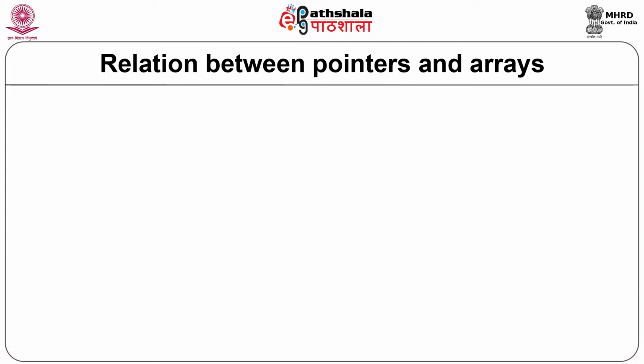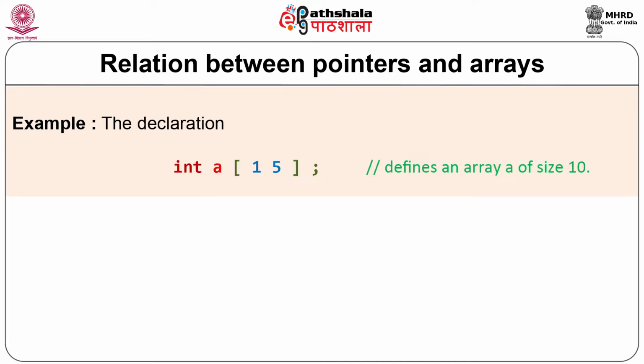Let us see the relation between pointers and arrays. To know the relation between pointers and arrays, we have given one program which includes an array and pointers. In this program, you can see int a[10], which is used for defining array a of size 10.